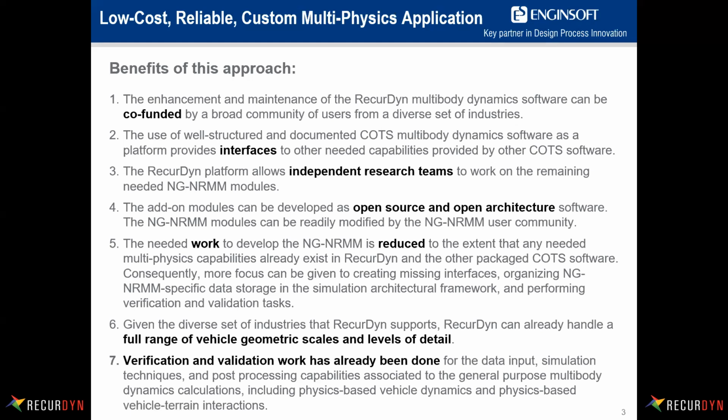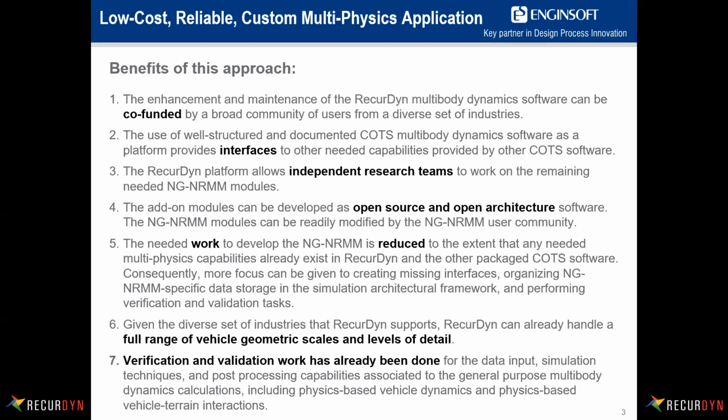Fourth, these add-on modules, whether they're subroutines or functions developed with the APIs, people can choose to make those open source, open architecture, and release them to a broad user community and let people modify things. That all can be done separately, and then basically integrated to form up the upgraded RecurDyn package that can be used for the actual simulation.